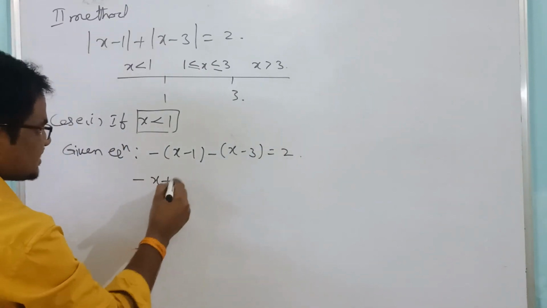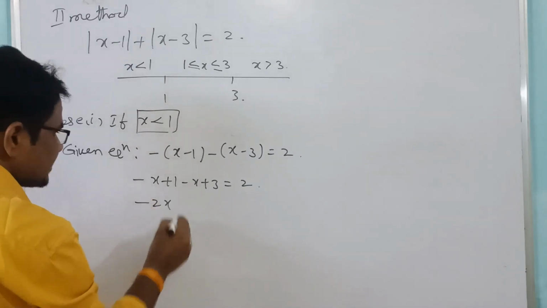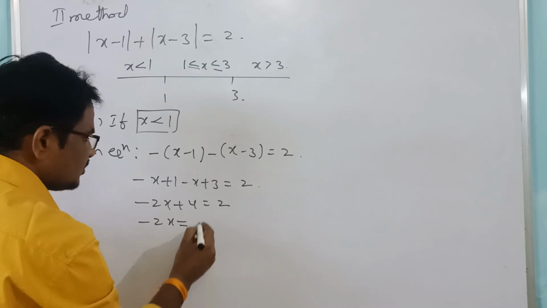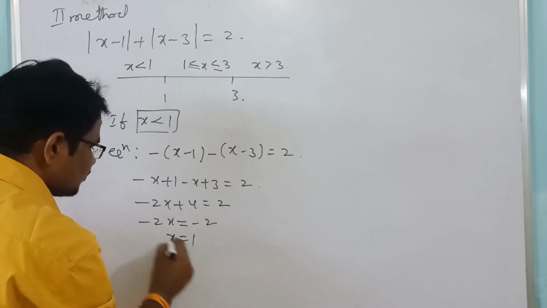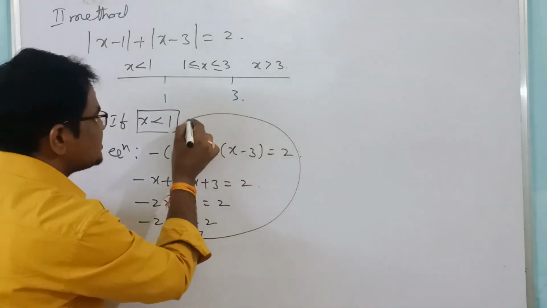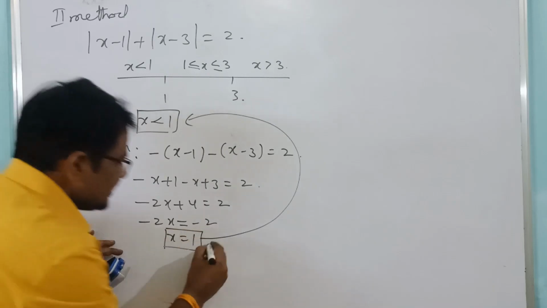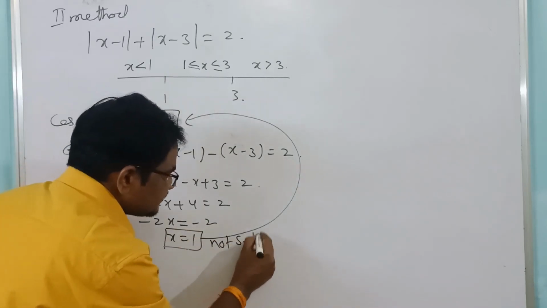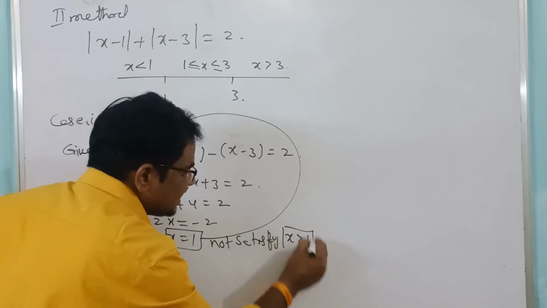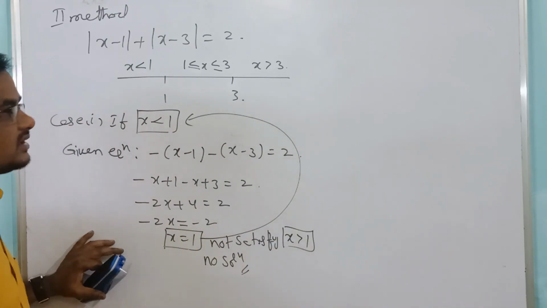Now −x + 1 − x + 3 = 2, so −2x + 4 = 2, −2x = −2, x = 1. But x = 1 does not satisfy the condition x < 1. So there is no solution in this case.